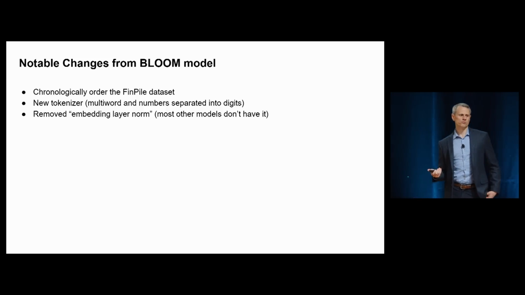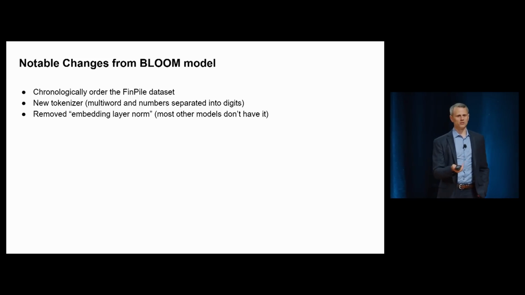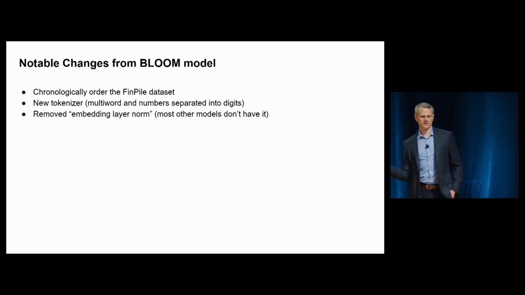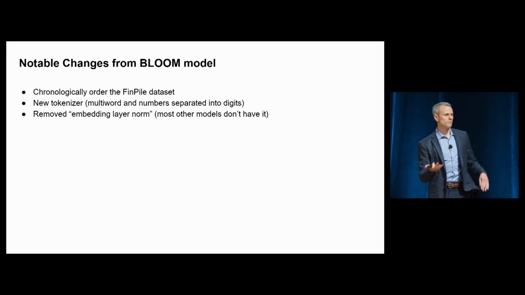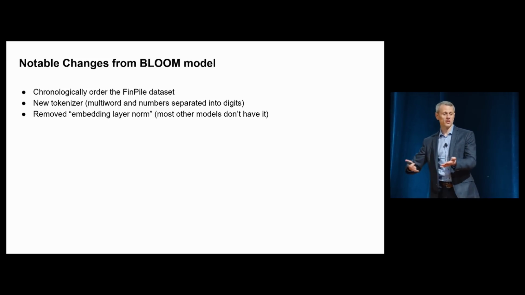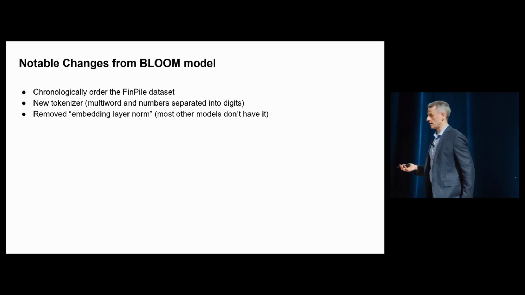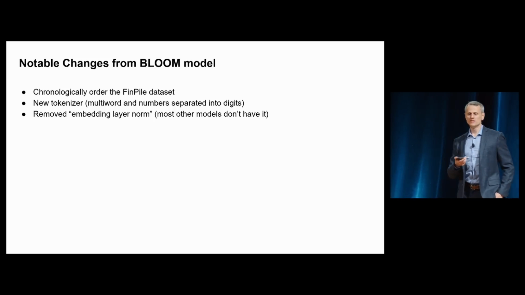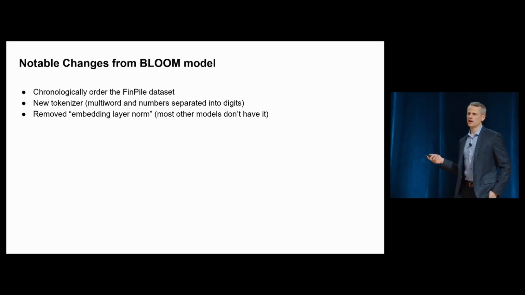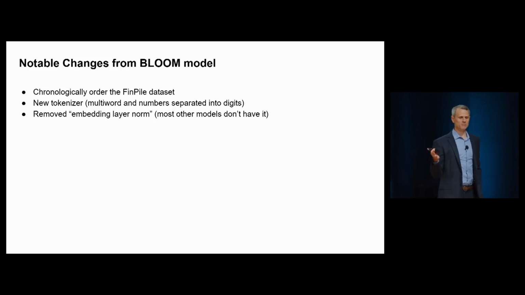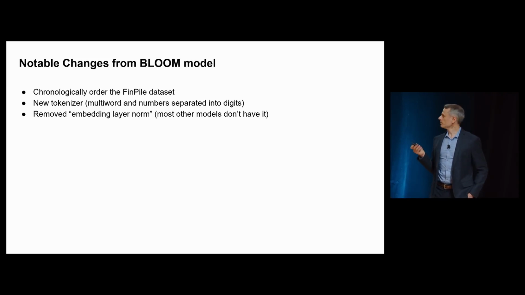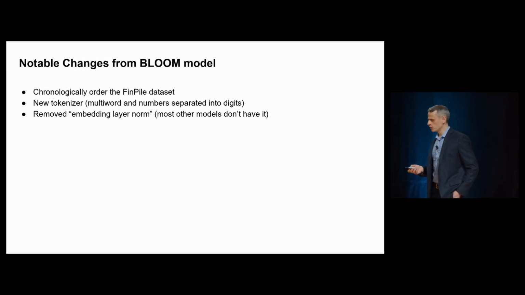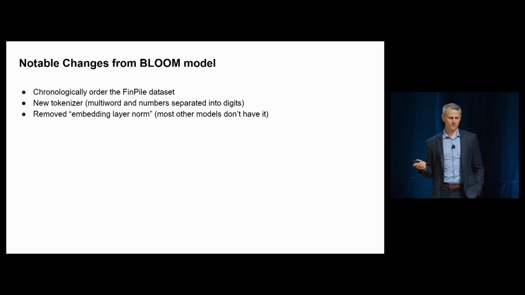And so maybe it would make sense to train the model chronologically on this finance data so that when we're done, the data it had been trained on most recently was also the most recent data, and thereby the most applicable to downstream applications. And so we did that. We chronologically sorted our financial data, randomly mixed in the public data, and that was our training data set. So not, as is the convention, a complete random sort. And that was where we were when we started to train the model, version 0.